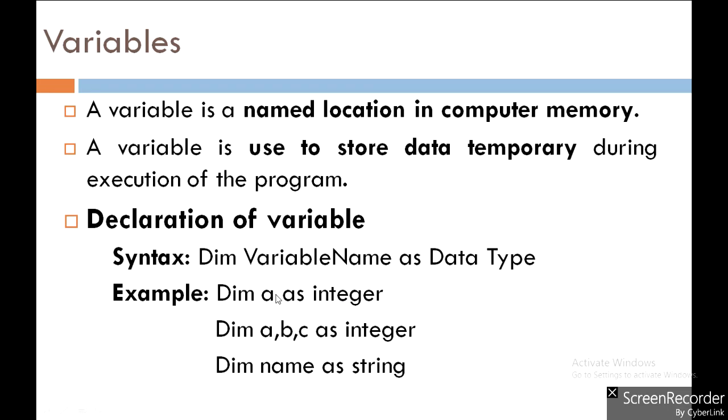Suppose I want to declare 3 variables with the same data type, then in one line I write Dim a, then comma, then second variable name, then comma, and then third variable name As Integer. Then third example is Dim name As String. Here name is a variable name with a string data type.